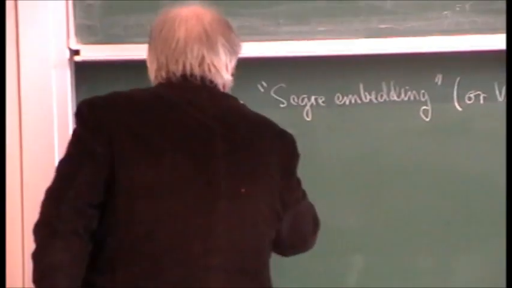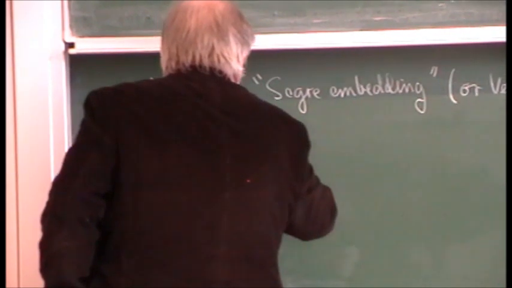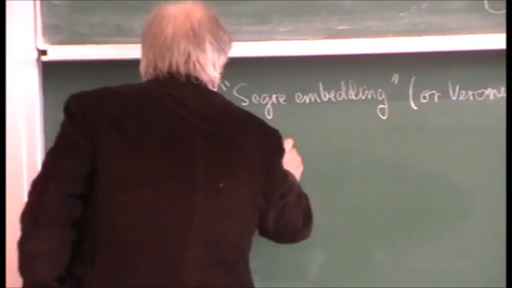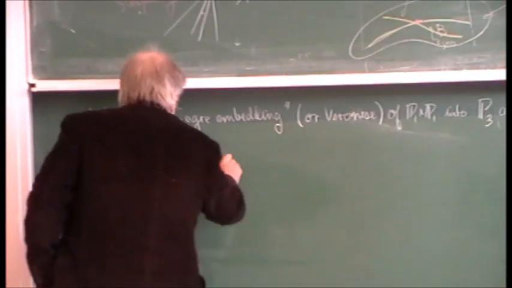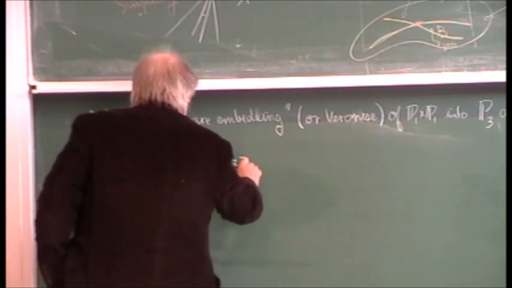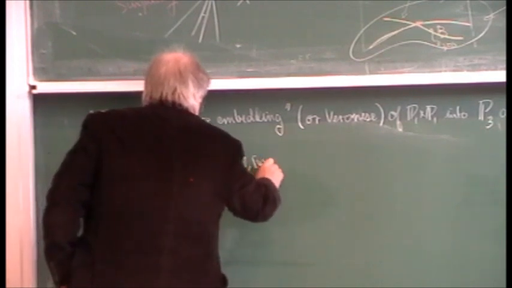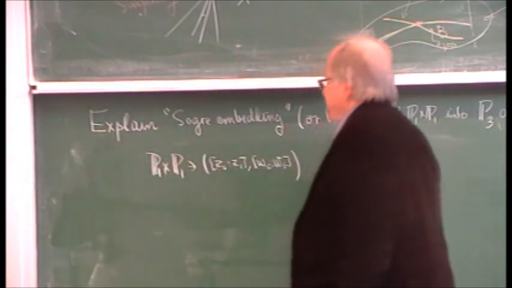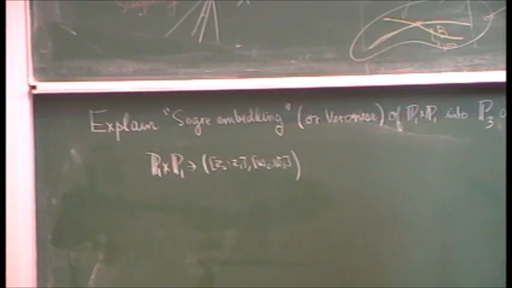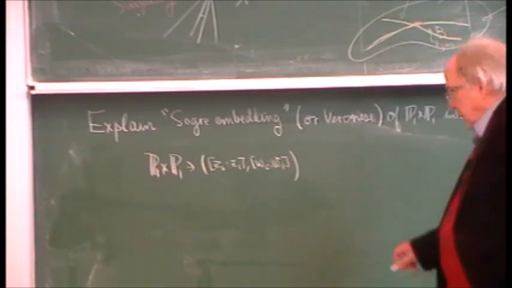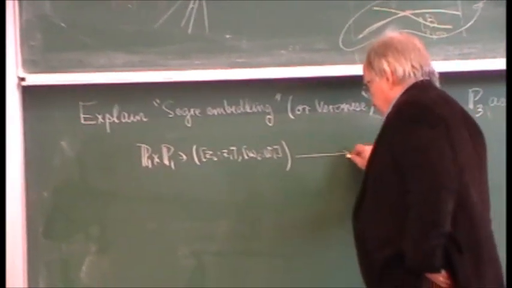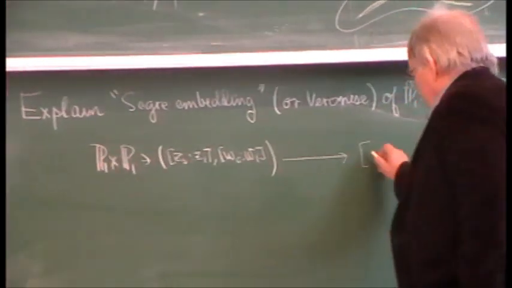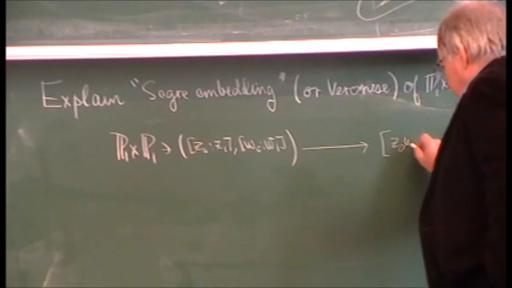So P1 cross P1 has homogeneous coordinates, let's say Z0, Z1, and W0, W1. And I'm going to take those to the following thing. Z0, W0.